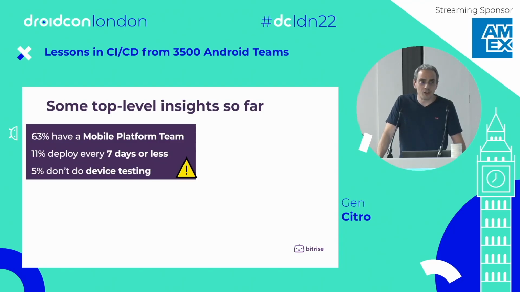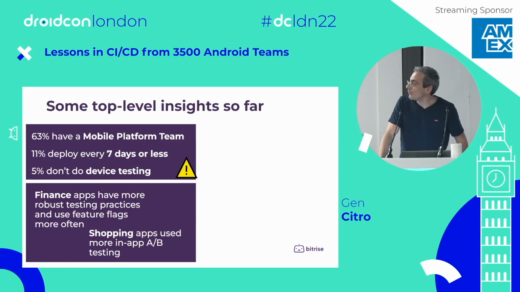Right, honest individual there. I know from the question at the beginning, some people are a bit shy right now. Hands up who deploys every 7 days or less. Very good, very good. And hands up who doesn't do any device testing. Okay. I'll trust your honesty there.